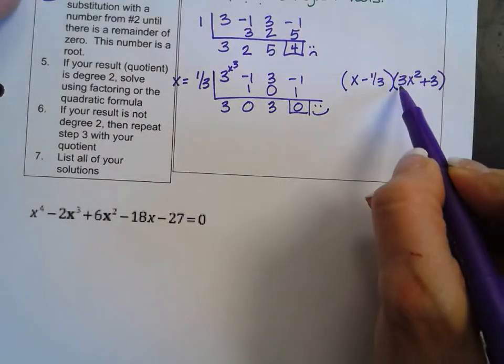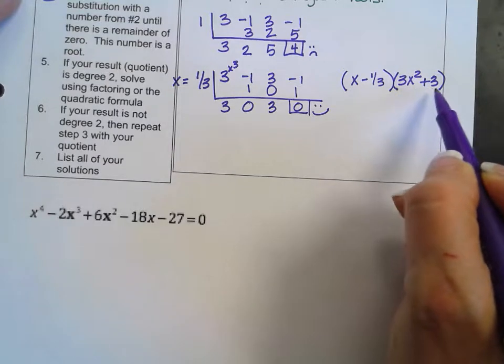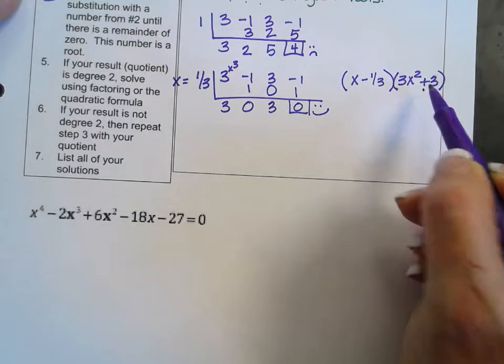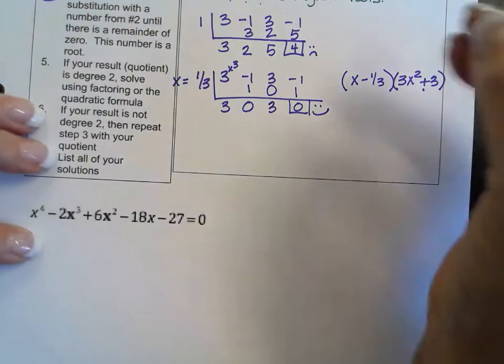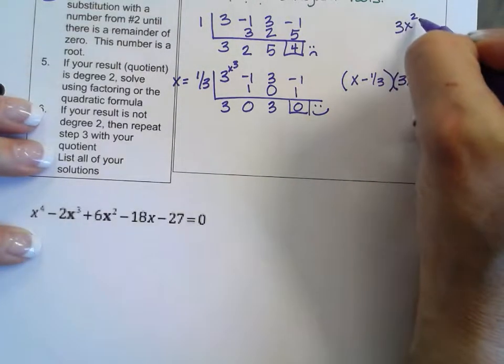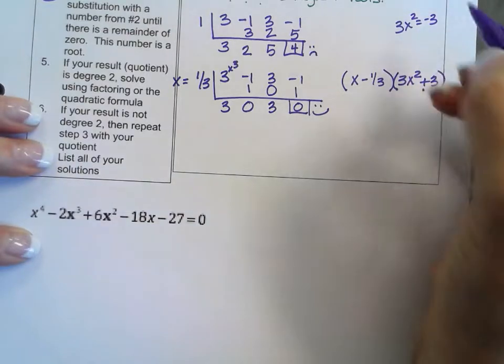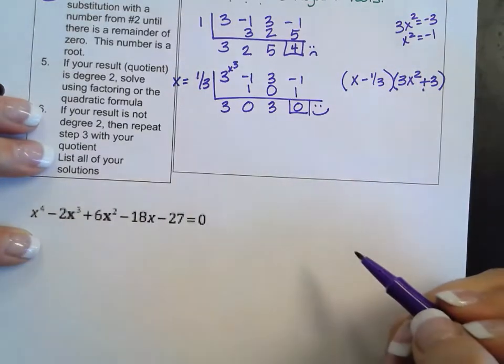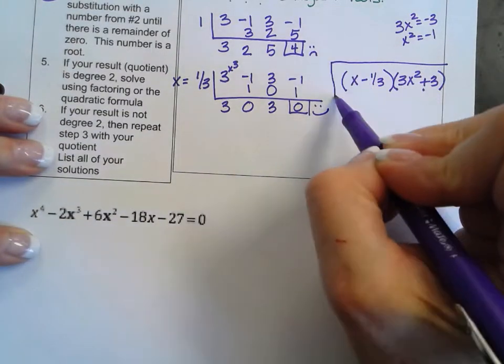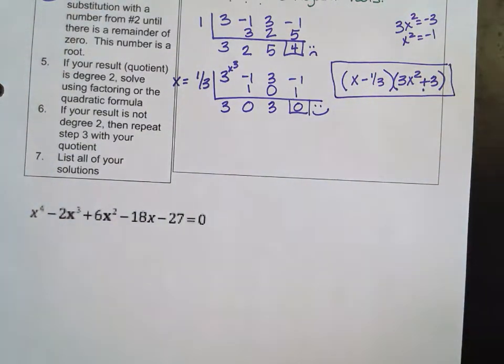But since I have that perfect square thing going on and it's a plus 3, I'm going to get an imaginary number. Because if I did 3x squared equals negative 3, that means x squared is negative 1. I can't take the square root of the negative. That means that's just my factored form.